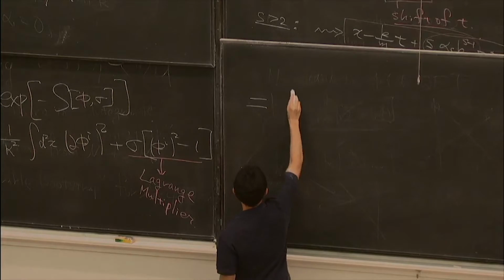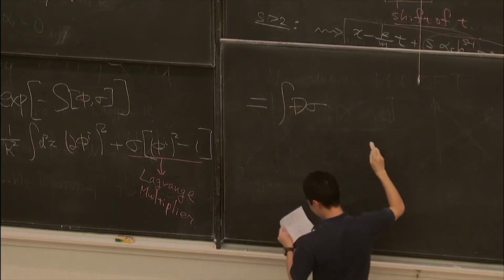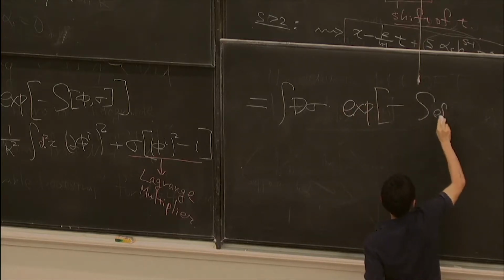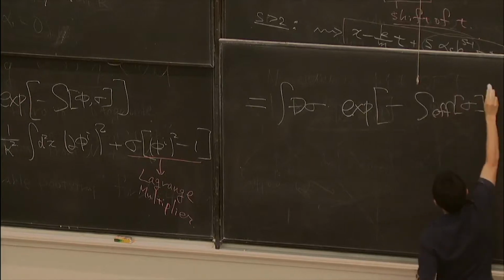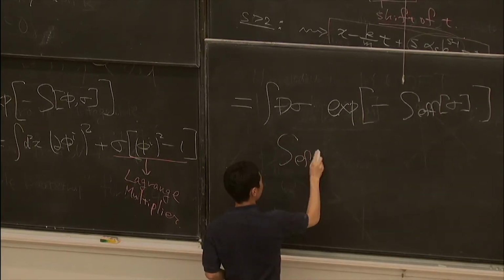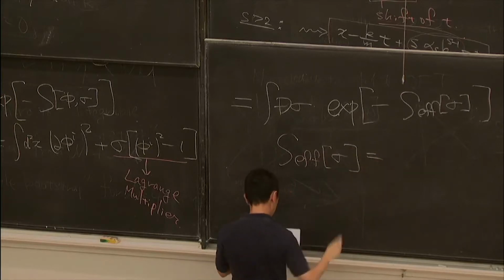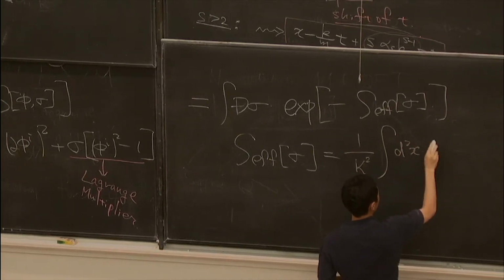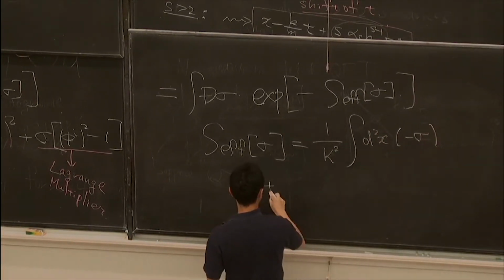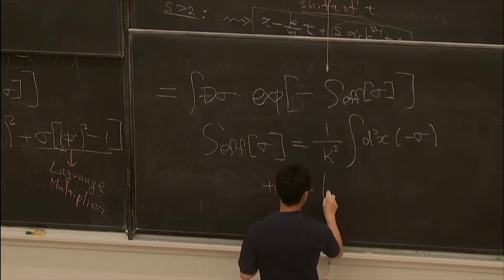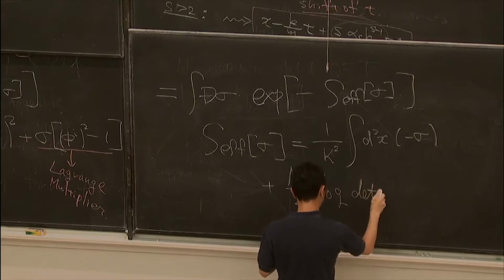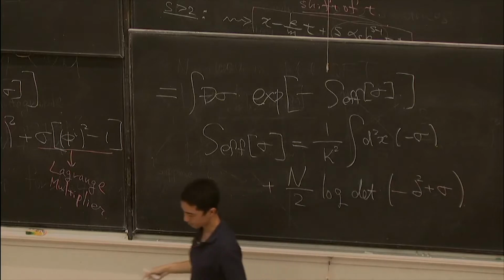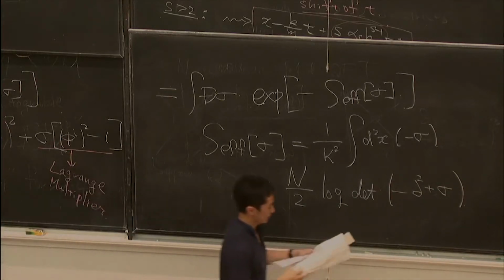So if you integrate out phi_i, then you end up with this effective action for sigma, and this effective action is given by 1 over kappa squared, the integral d^2x of minus sigma, plus N over 2 log determinant of minus Laplacian plus sigma. Okay, I guess this is just a standard exercise.